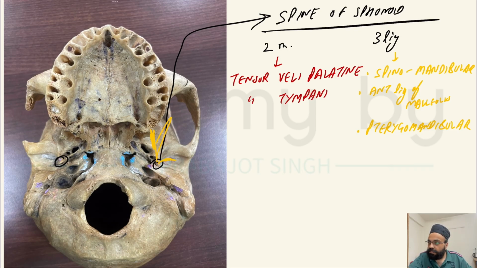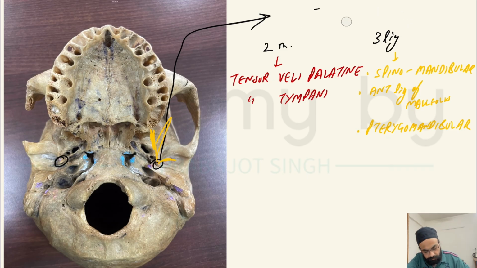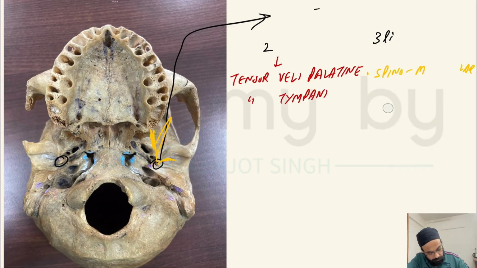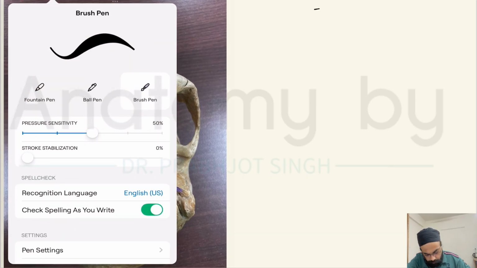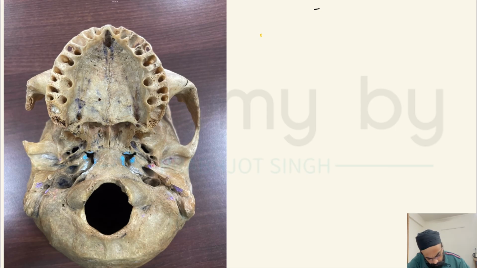And the next point that is coming up is the squamotympanic fissure. So this is the articulating facet for the mandible. The condyle process of the mandible will articulate over here, and over here can you see this slit?